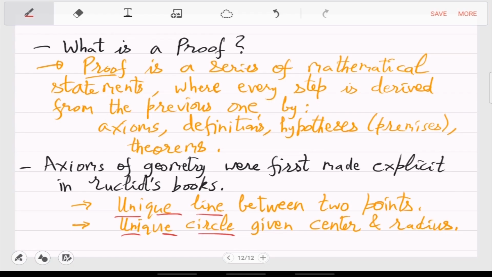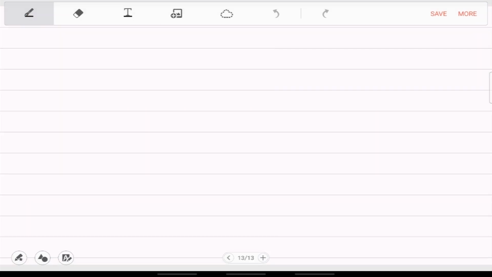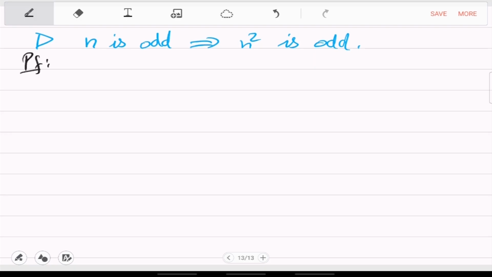Let's take another simple proof. So let's prove that if n is odd, then n square is odd. Right, so just to exhibit the sequence of statements in the proof, n is odd means that you can write n as 2k plus 1, where k is again an integer.